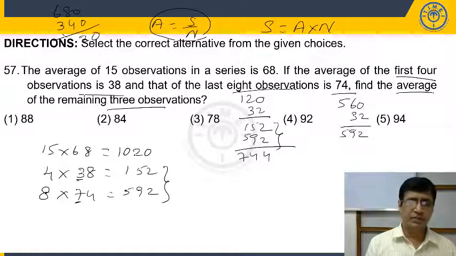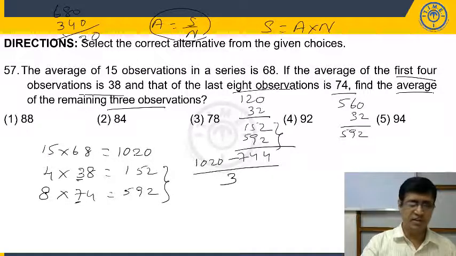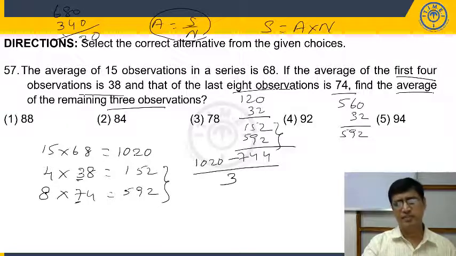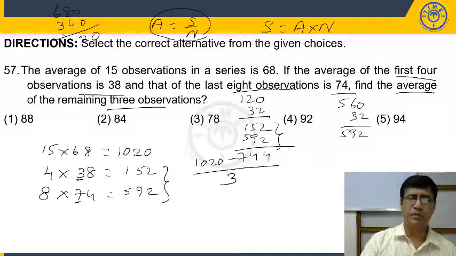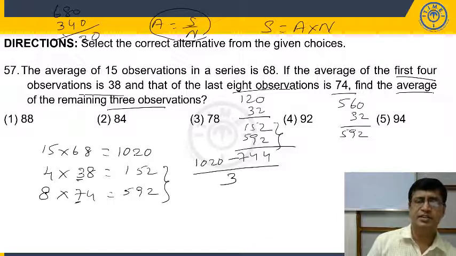So when you subtract this value from 1020, 1020 minus 744, divided by 3. So how much is the value? What is the result? Now simplify. So 744 when you subtract from 1000, how much is it less? 256.